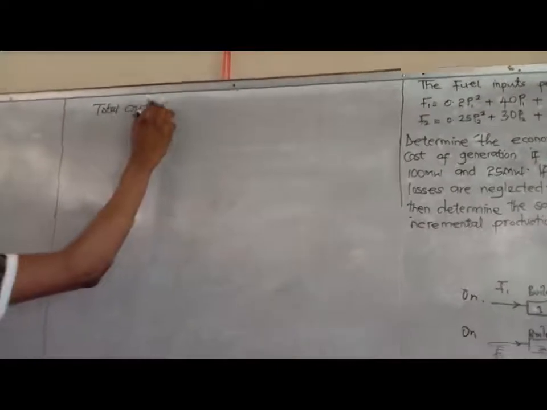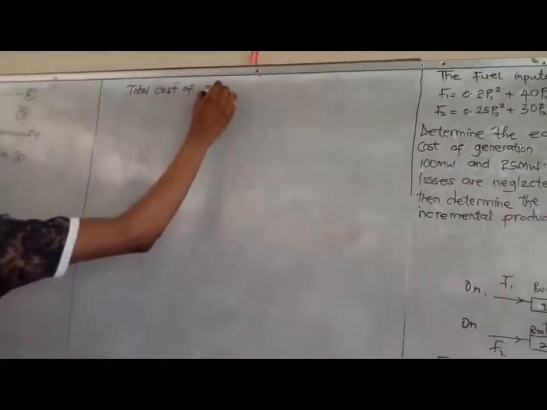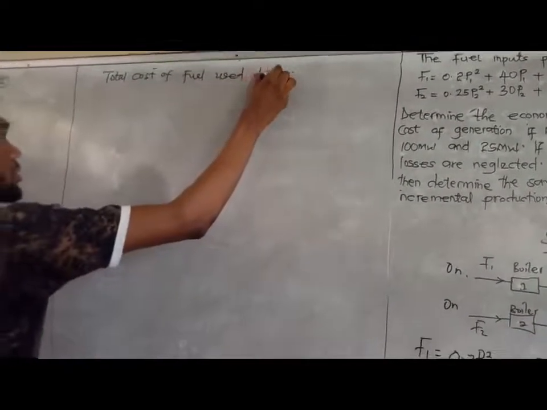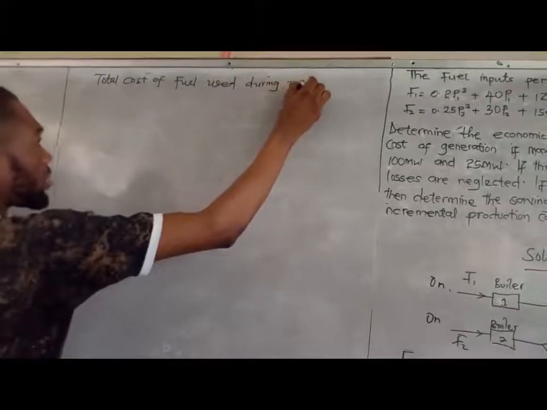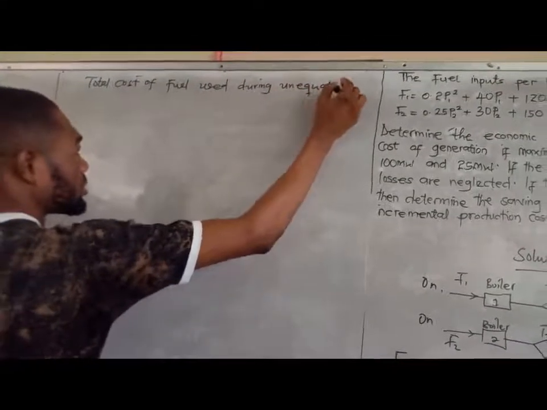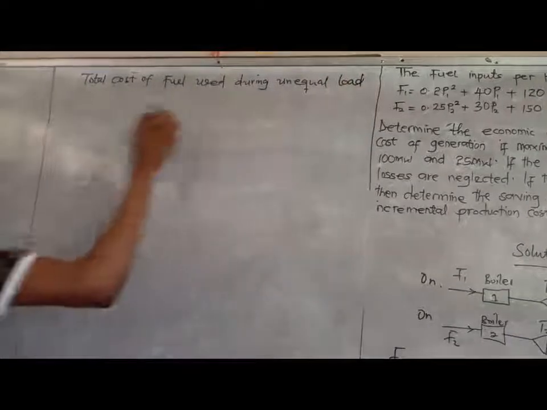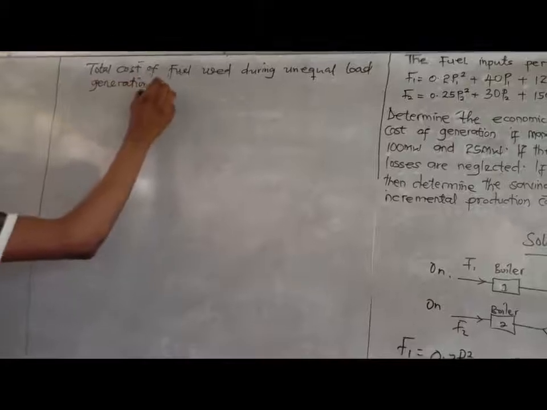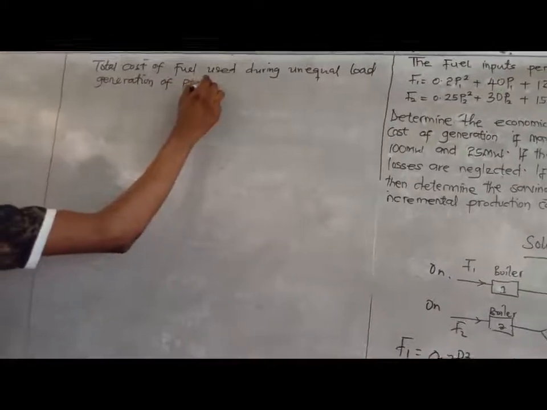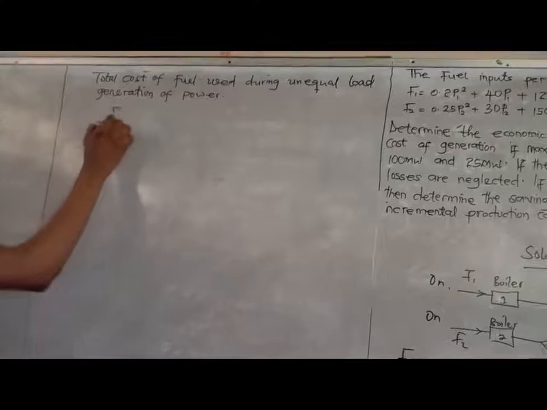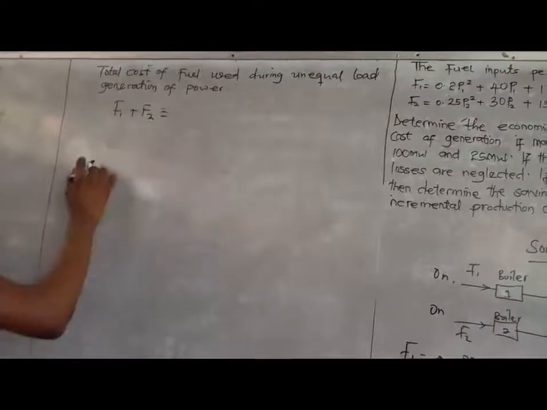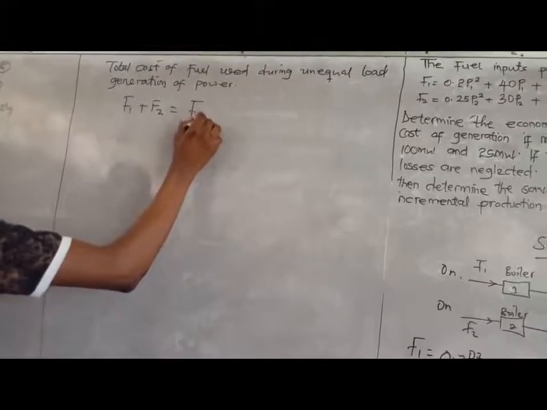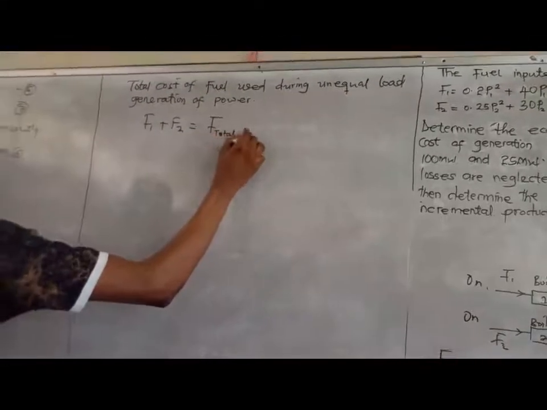Cost of fuel used during unequal load generation of power. Now equals fuel 1 plus fuel 2. That equals F_T, total cost.